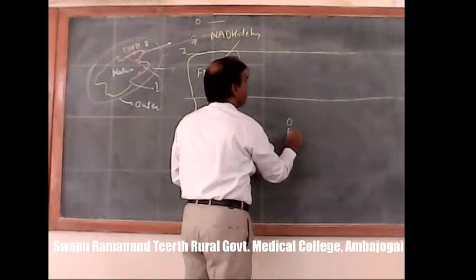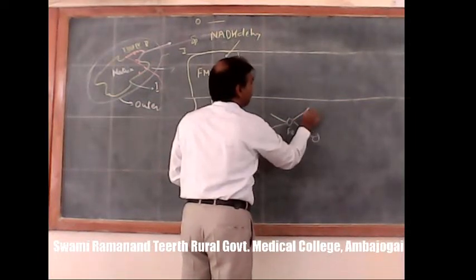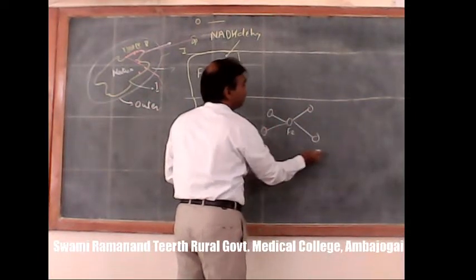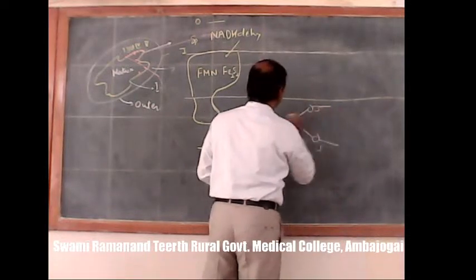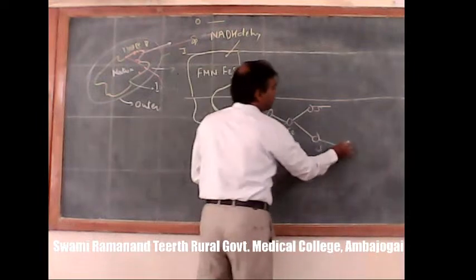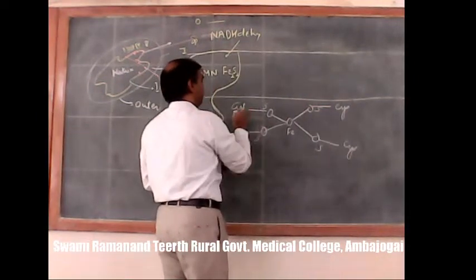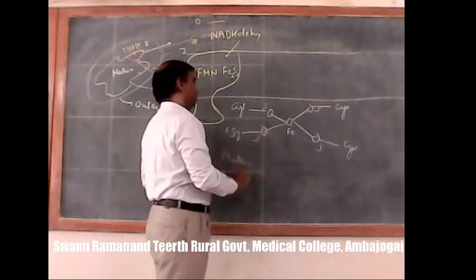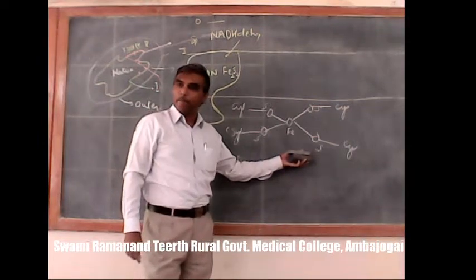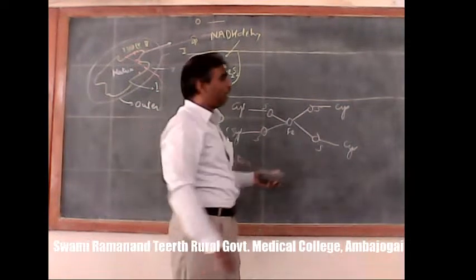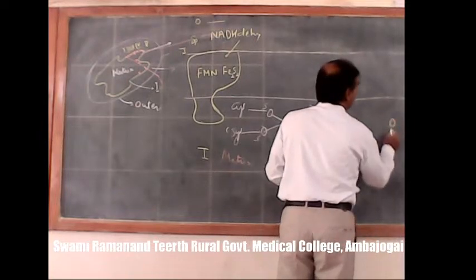So this is Fe. These are the sulfurs, and these sulfurs are from cysteine residues. So this is the Fe1 center. Then there are two inorganic sulfurs.